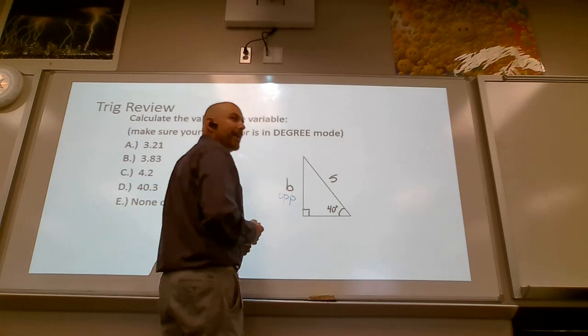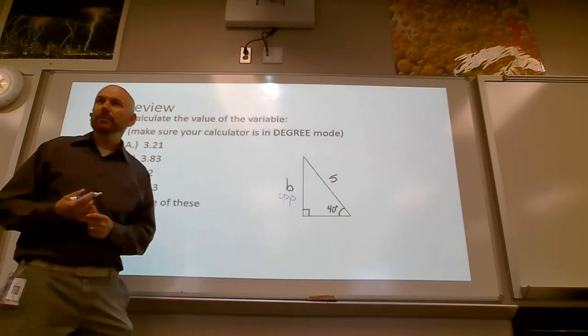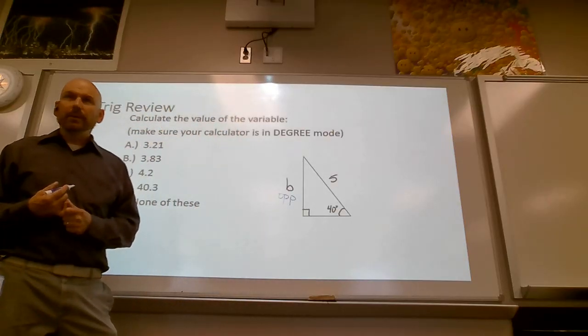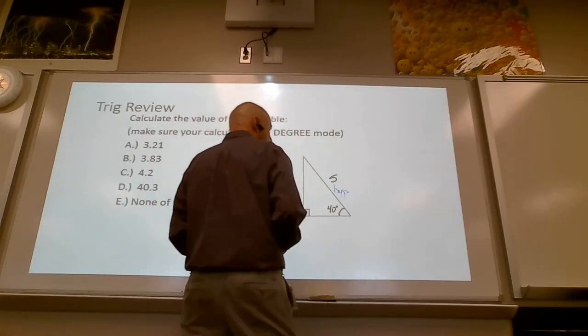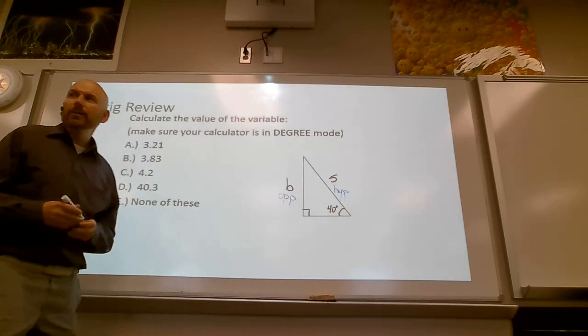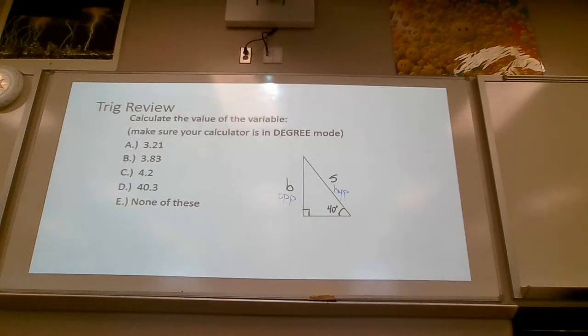Okay? 5 is what? Hypotenuse. Opposite of the right angle. So which trig function am I going to use?